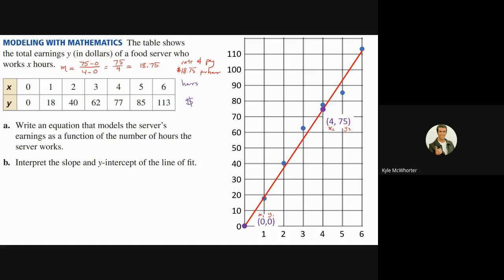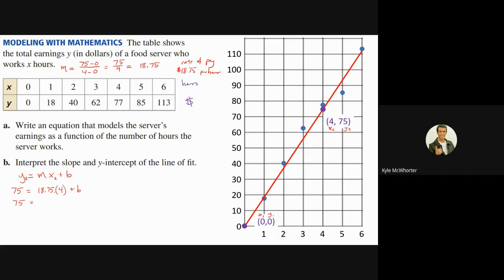Okay, so now we know the slope, so we can find the y-intercept. I'm going to use y equals mx plus b. It seems like it would be easier to use the 0, 0, but I want to use the 4, 75 just to show that. So I'm going to do y2 and x2. So we get 75 equals, m was 18.75 times x2, which is 4, plus b.